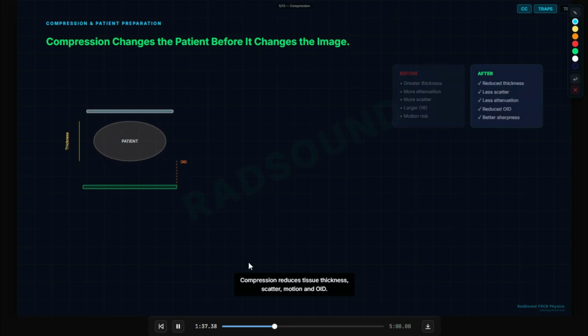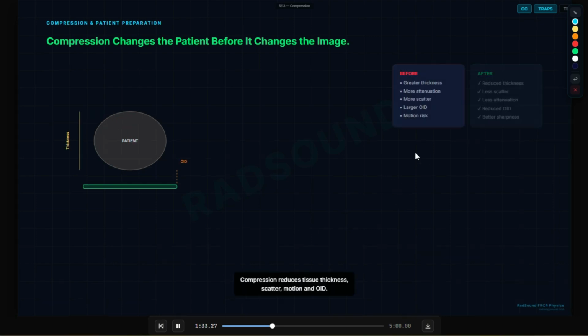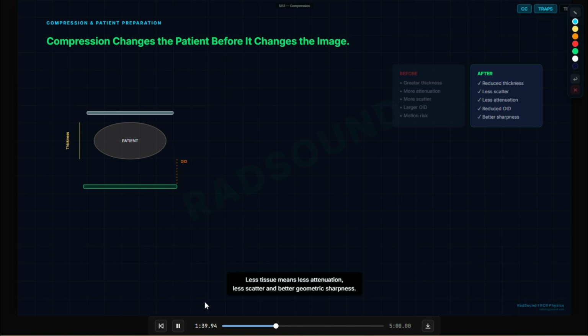Compression, as you can see, what is compression doing? Before compression, we have greater thickness, more attenuation, more scatter, larger object image distance. After compression, we have better sharpness, reduced object image distance, less attenuation, less scatter, reduced thickness, and a better image.